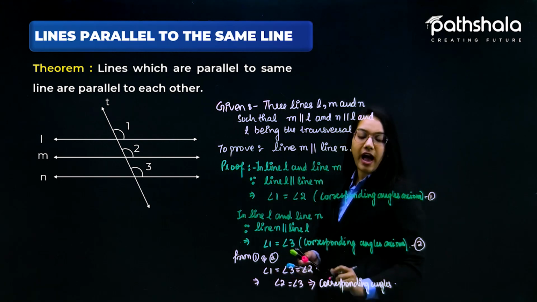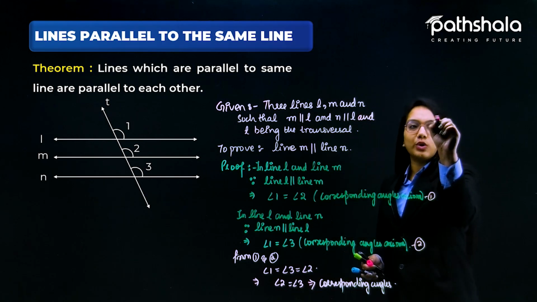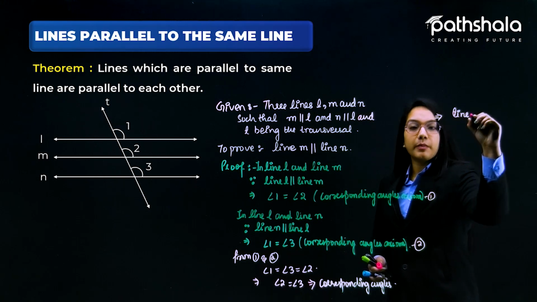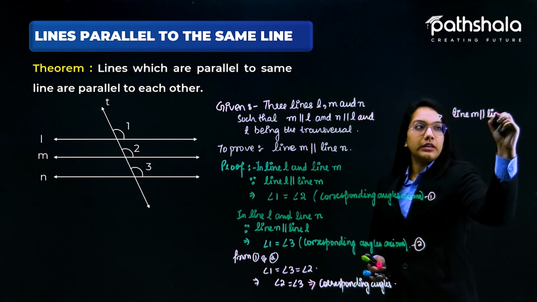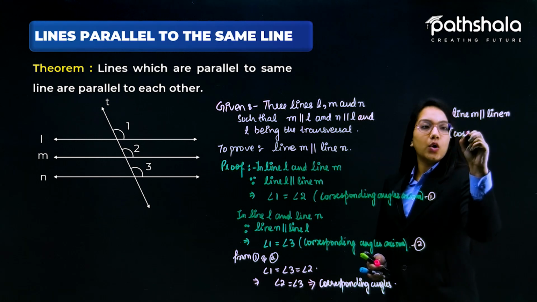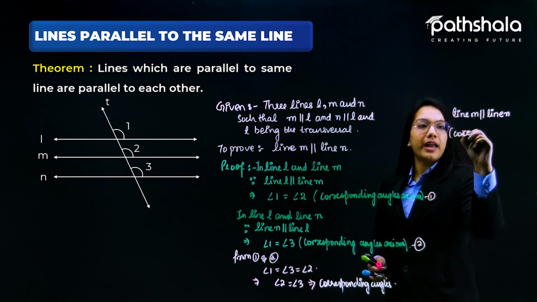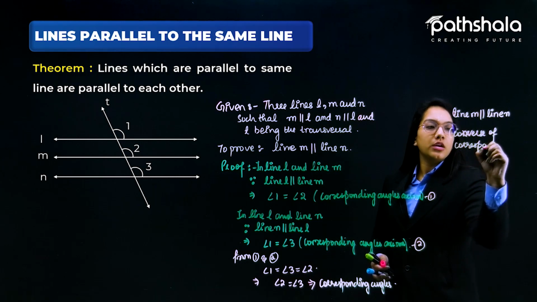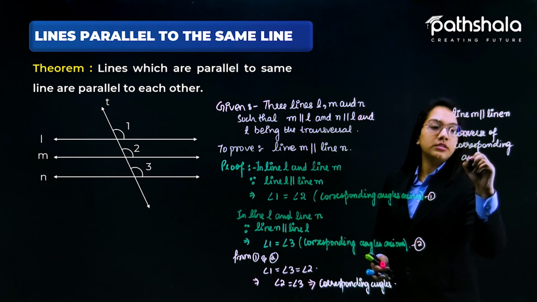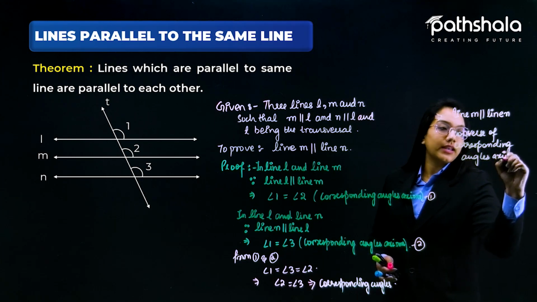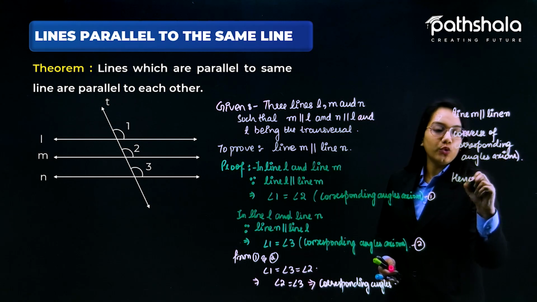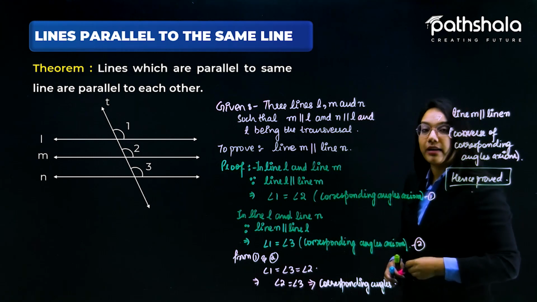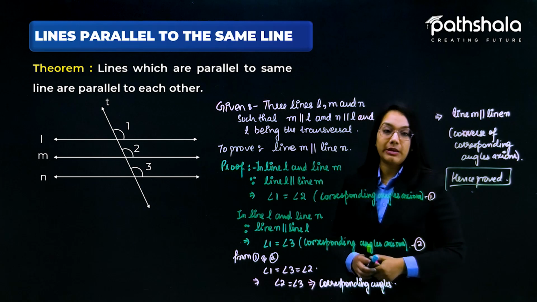And if we have a pair of corresponding angles between two lines, it implies that line M is parallel to line N by the converse of the corresponding angles axiom. So hence it is proved that whenever we are talking about lines which are parallel to the same line, then they are definitely parallel to each other.